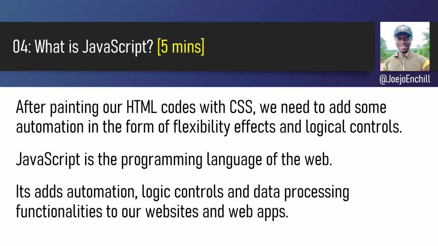Now, knowing that HTML presents the content and structure of the web page, and CSS adds some sort of styling and beautification, then comes in another programming language that adds some sort of automation in the form of flexibility effect, and logical controls to the HTML to make it a beautiful web page.